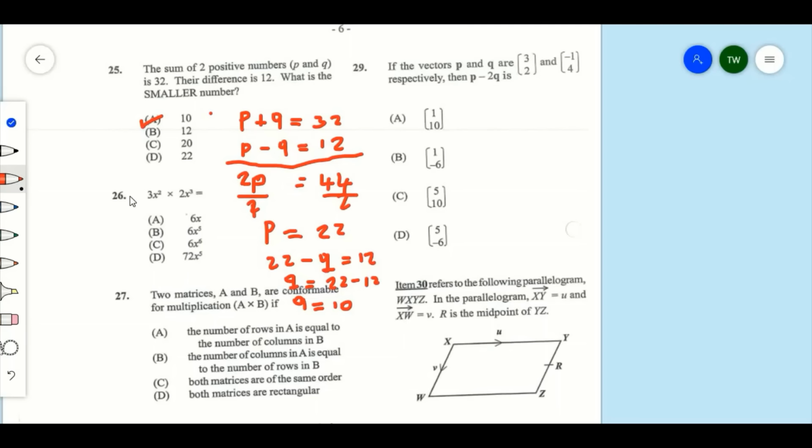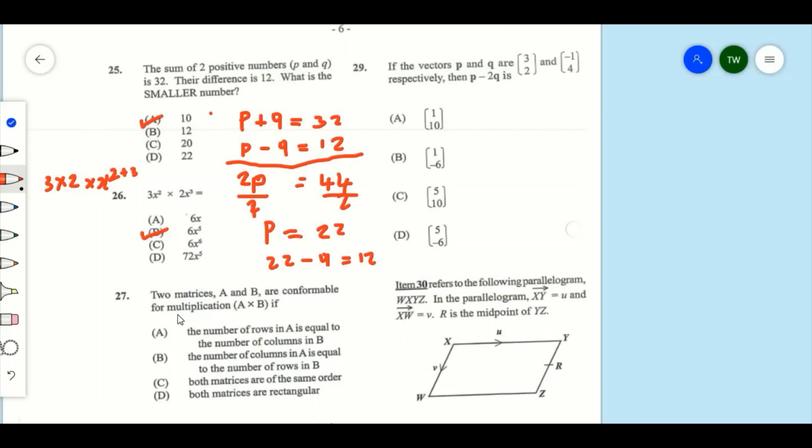Now this is the same thing as 3 times 2 times x raised to the 2 plus 3 power. So 3 times 2, that's going to give us 6, and 2 plus 3, that's going to give us 5, so it's going to give us 6x to the 5th power, and our answer for 26 is going to be B.